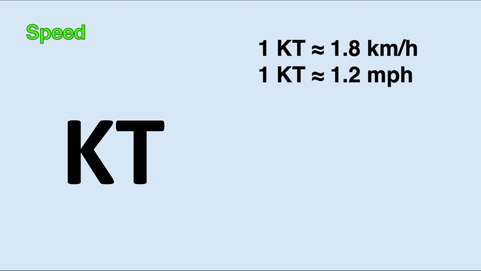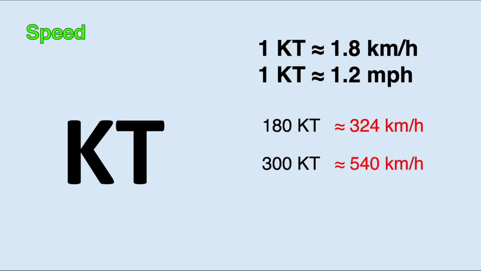Very important concept. But before explaining the concept of the speeds, we need to know how the speeds are measured. The international standard unit of speed is the knot. And for those who are living in the United States, I also put the conversion in miles per hour.